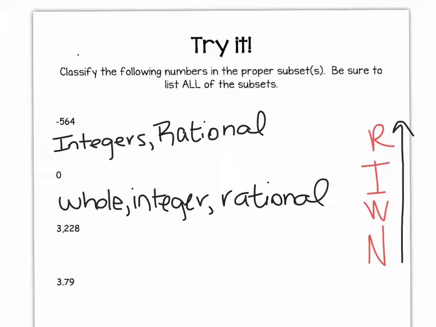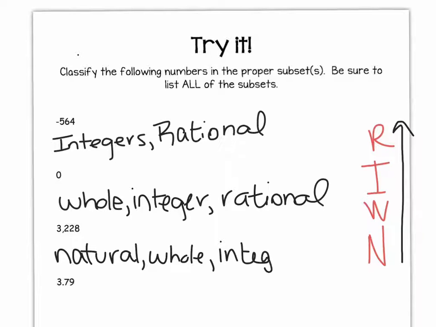But could I? Absolutely. So, since I can naturally count there, that means the very first group it falls in is natural. Now, that's at the very bottom of my Never Write in Red. So, not only is it natural, but it's also whole. It's also an integer. And it's also rational.